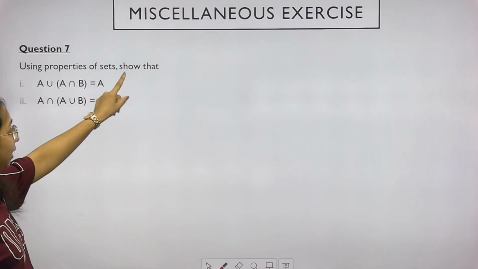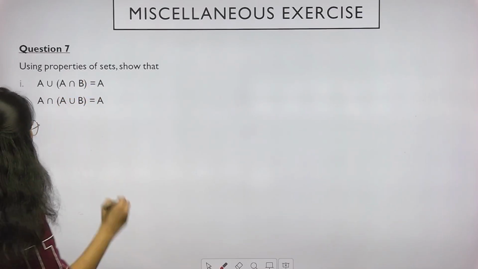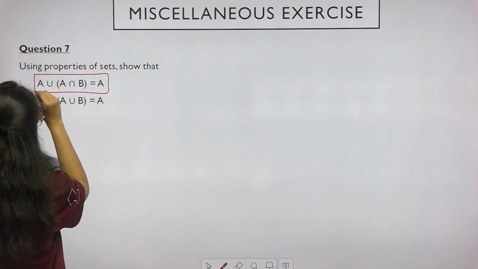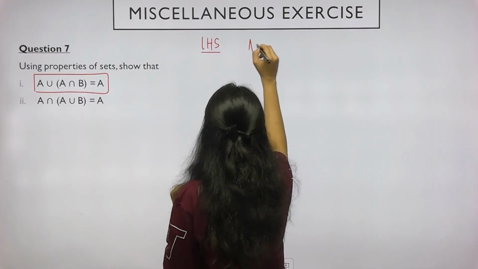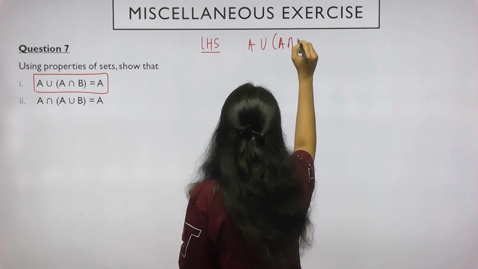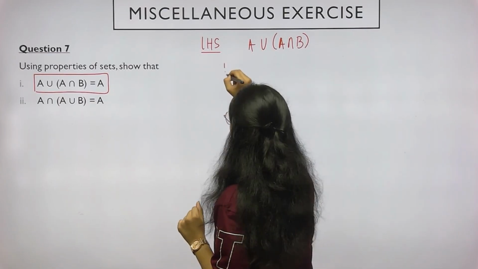Using properties of sets, show that A union A intersection B is equal to A. So let's prove this statement. We'll take the LHS, which says A union A intersection B. Now we'll use the distributive law.